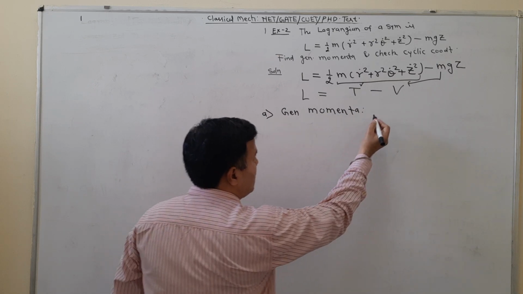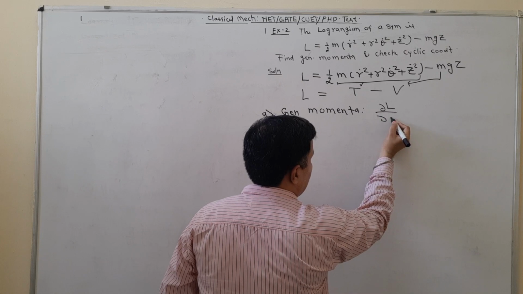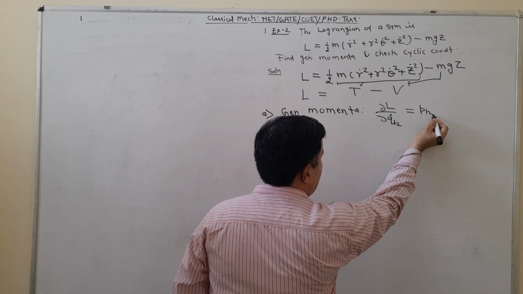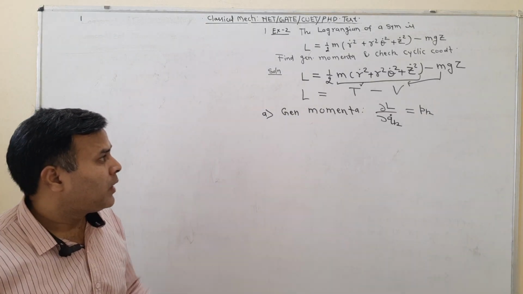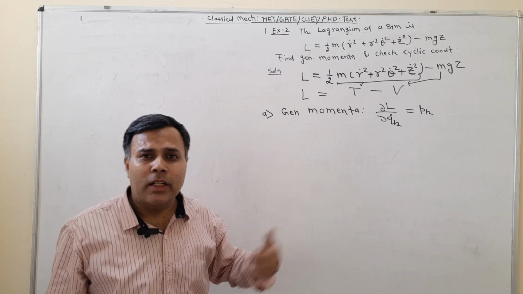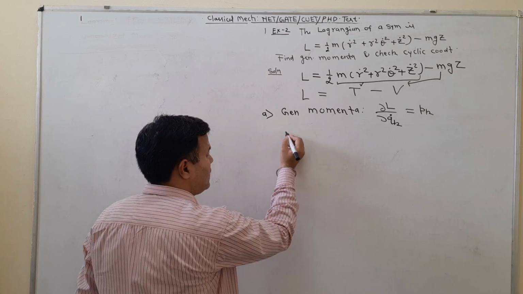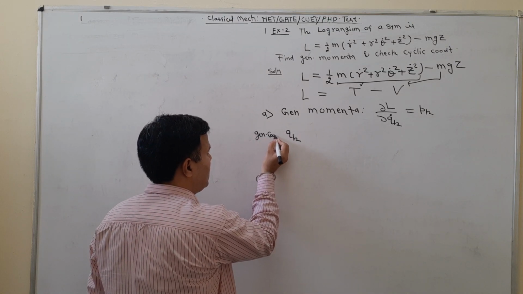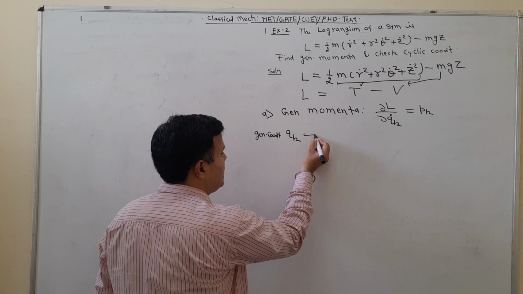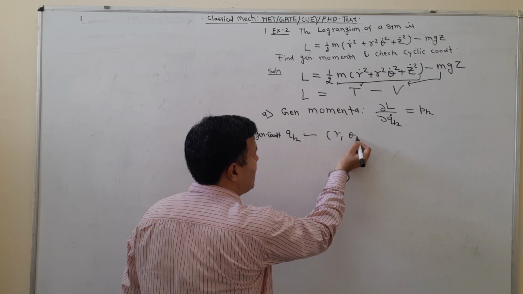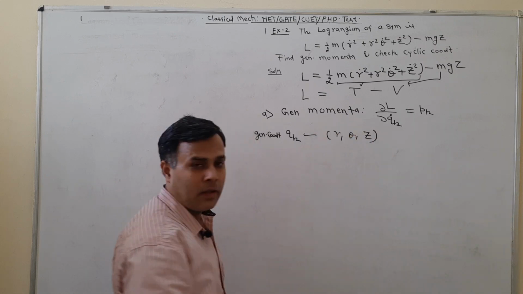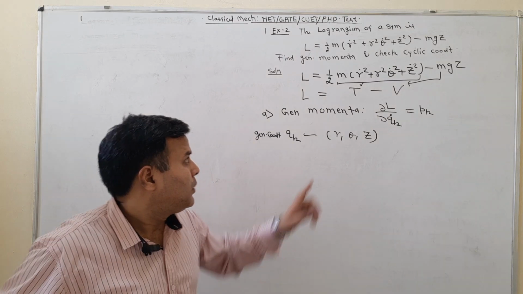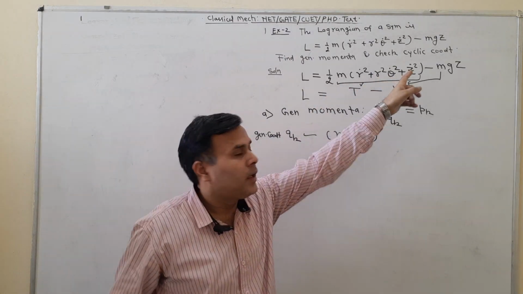Momenta: del L upon del q_k dot is equal to p_k. And what is our generalized coordinate in this system? This q_k is simply the generalized coordinate, which is r, theta and z, because our Lagrangian is in r, theta and z.